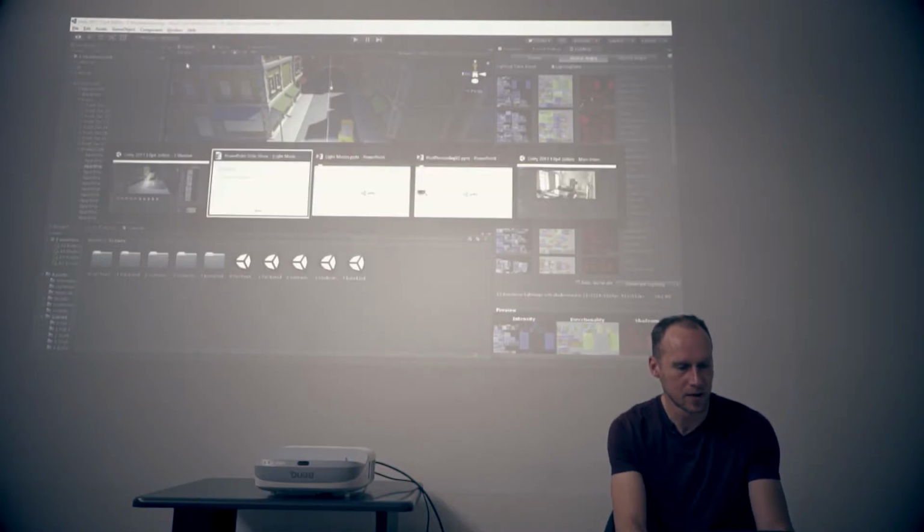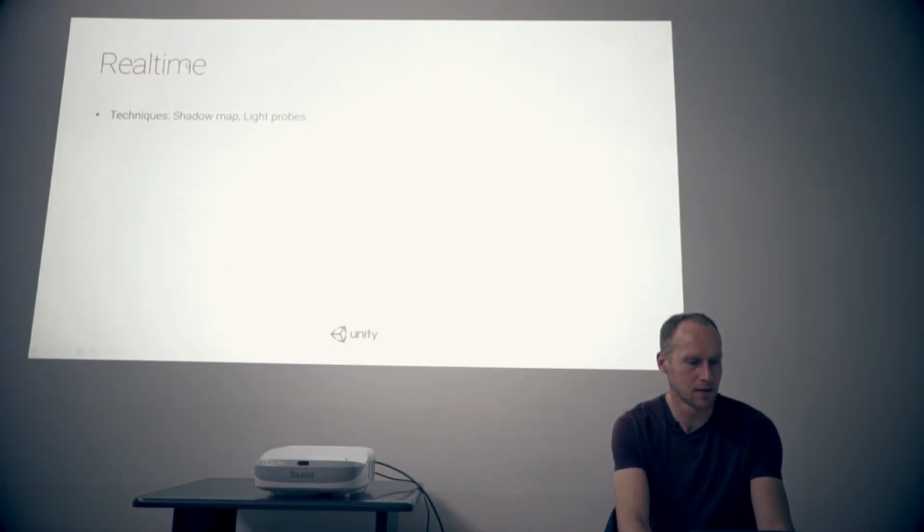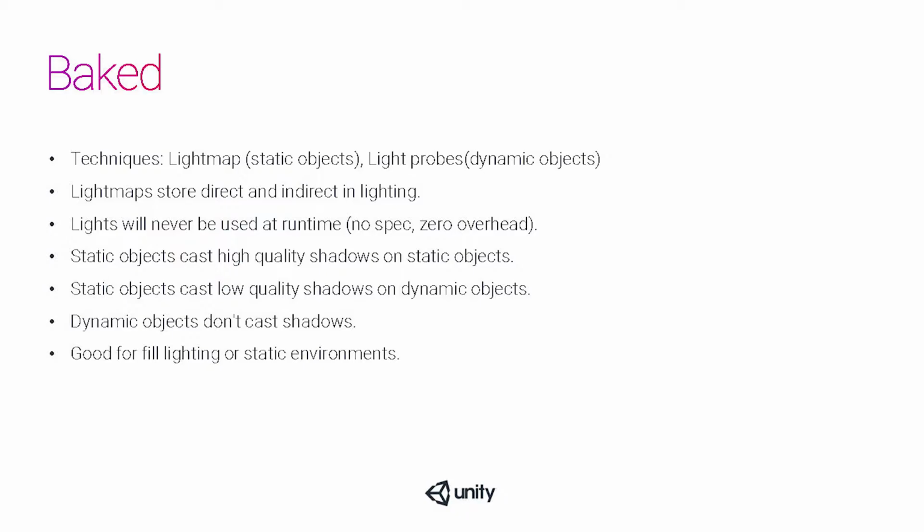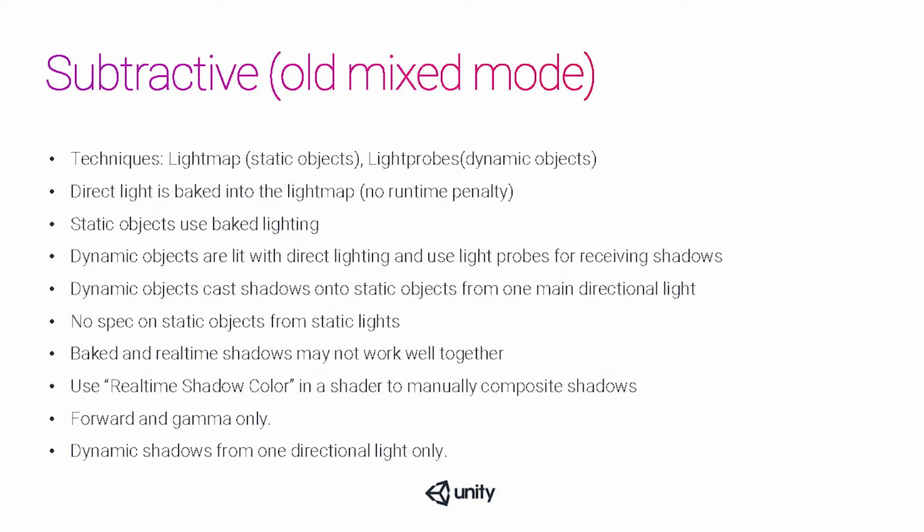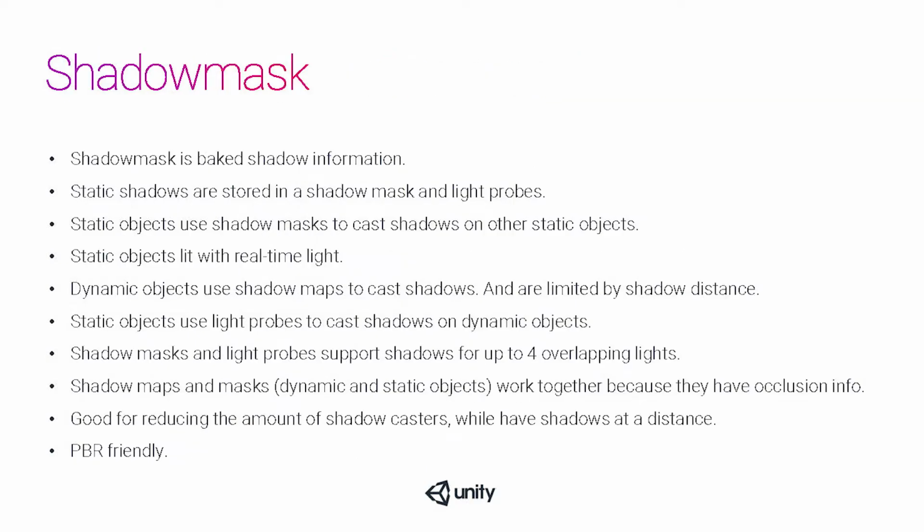I'm going to pop up the slides for a moment. Hopefully PowerPoint doesn't crash again. Just to summarize: baked is the most efficient, but you don't get the shadows. Subtractive, I looked at already. I forgot to mention it only works in forward rendering mode and gamma, so it doesn't work in linear and deferred, and it only supports 1 light.